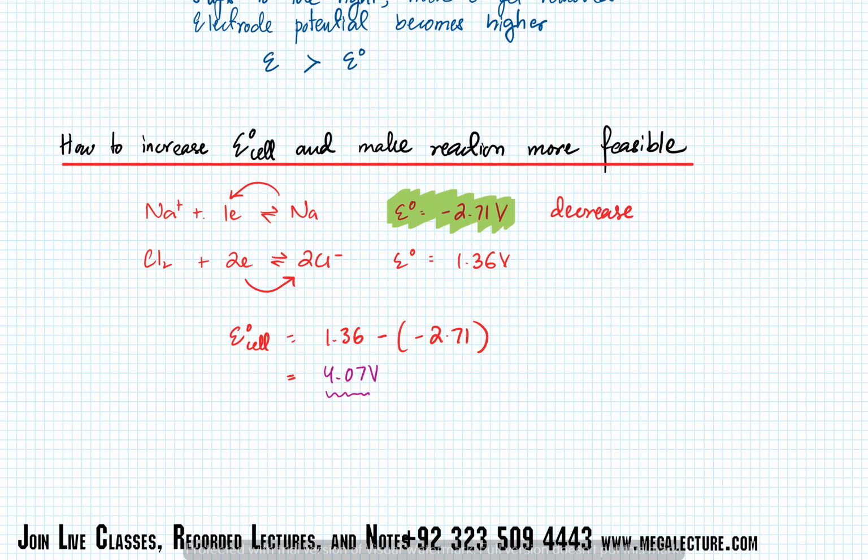And if I want to make it even दोबारा more feasible, तो जो higher है, I want to increase the potential. How can you decrease potential? Force it to shift to the left. And the other one, if I want to make it higher, I need to shift it further to the right.